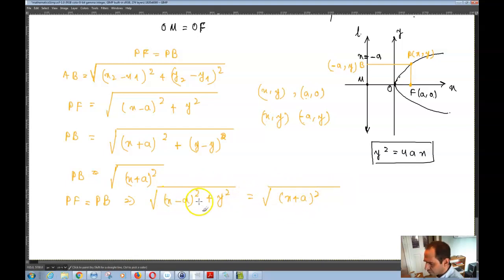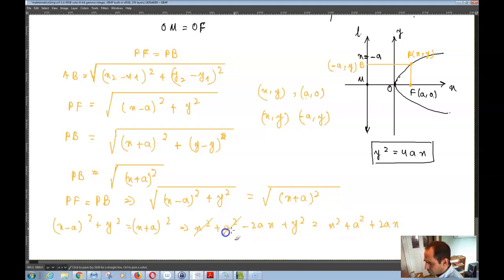If I raise both sides of this equation to the second power, I get (x minus a) whole squared plus y squared is equal to (x plus a) whole squared, which means x squared plus a squared minus 2ax plus y squared is equal to x squared plus a squared plus 2ax.